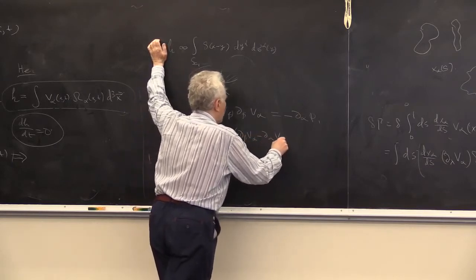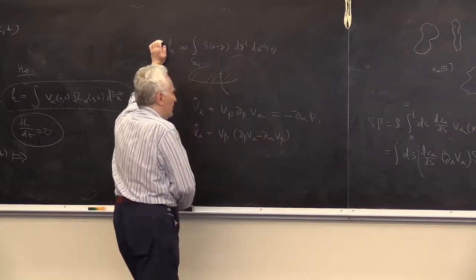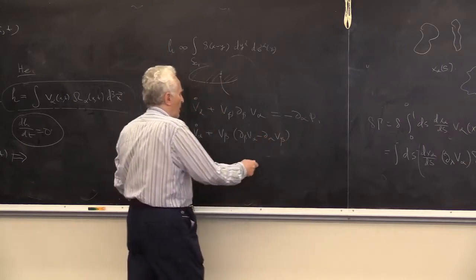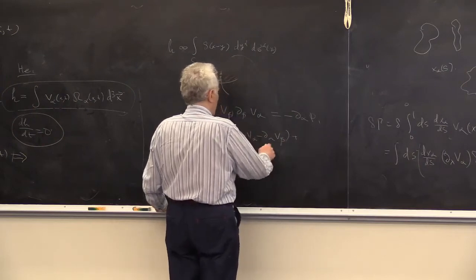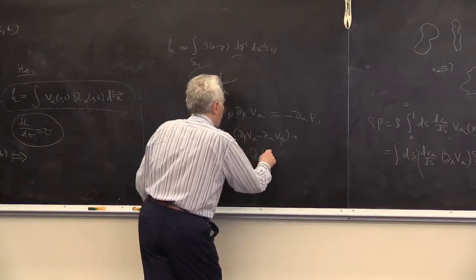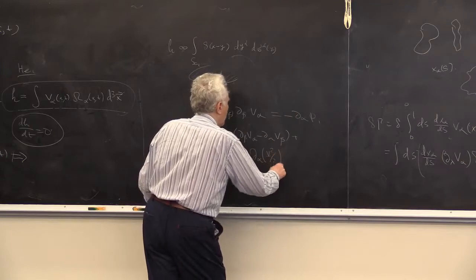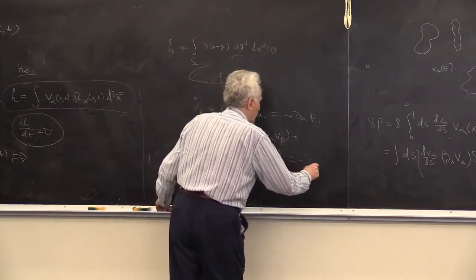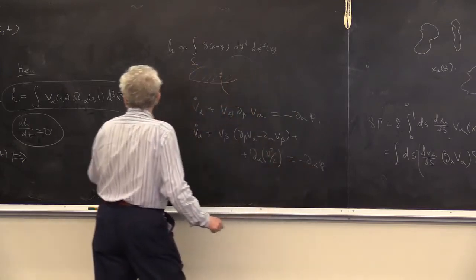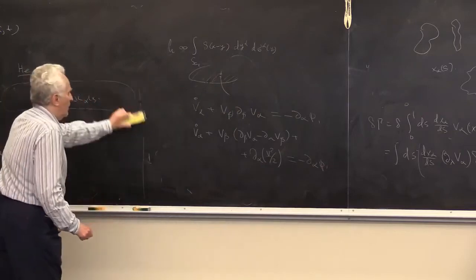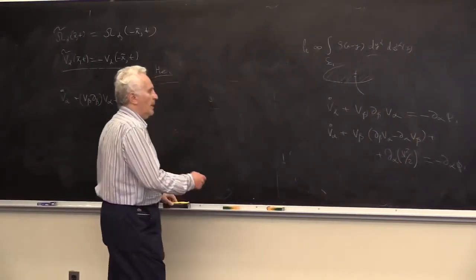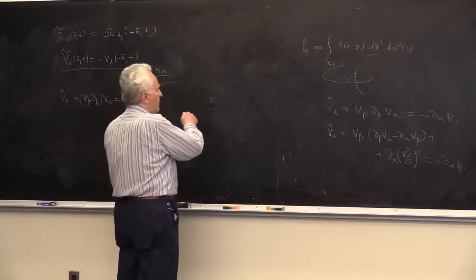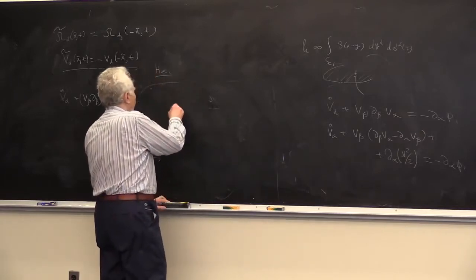I shall add and subtract the term d alpha v beta, plus, of course, d alpha of v squared divided by 2, d alpha p, and the last transformation is this.